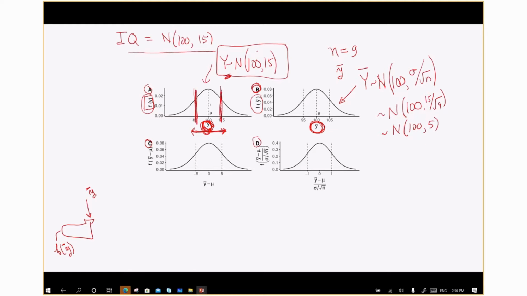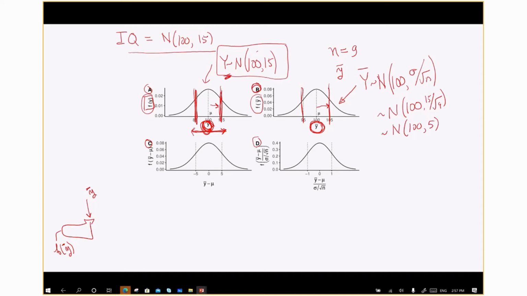So in the first instance, we've got a standard deviation of 15 in the underlying population. But when we take sample means and look at their variability, they're going to tend to be less variable because the high IQ and the low IQ are going to tend to average out, and therefore you get a smaller standard deviation.